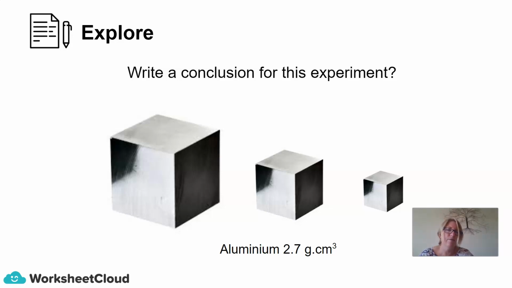And we can get this information from the fact that when we plot mass versus volume on a graph, we get a straight line, and this linear relationship shows that the blocks have got the same density. And the other thing is when we calculate the density for each of the blocks, we come up with the same number. So we could probably conclude that these blocks are all from the same substance.